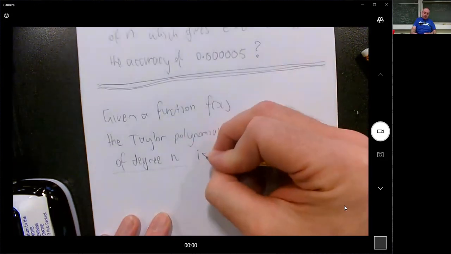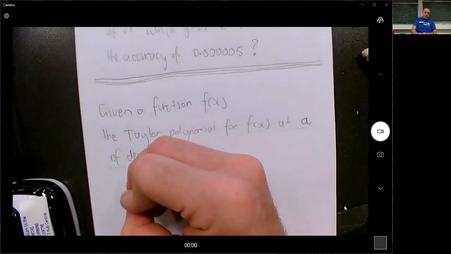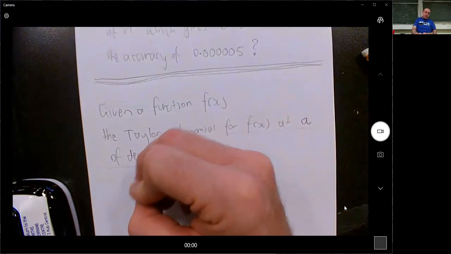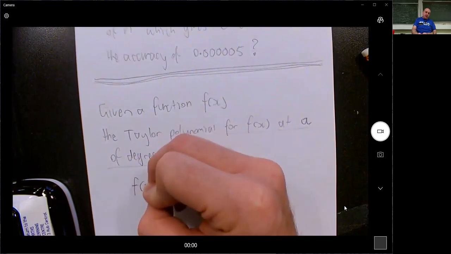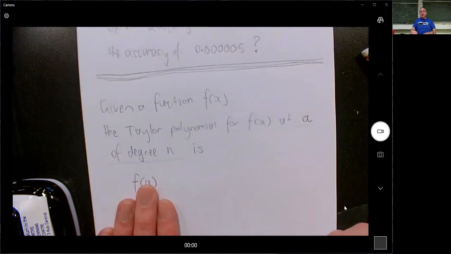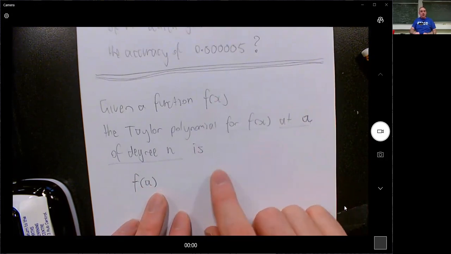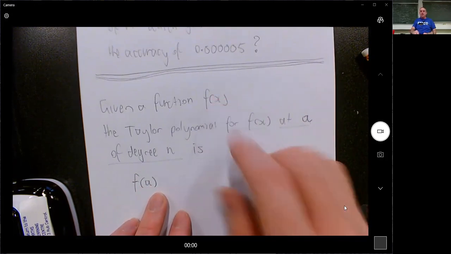And so the way it works is this: you start out by doing f of a as a constant. So you sub this number into the function, so that's what you'd start with first.